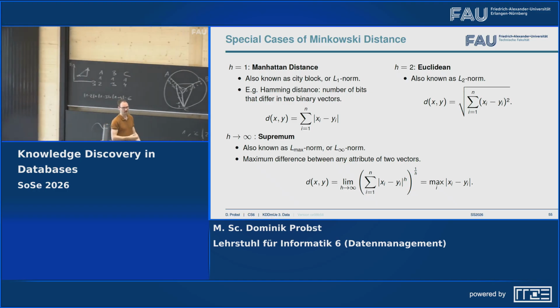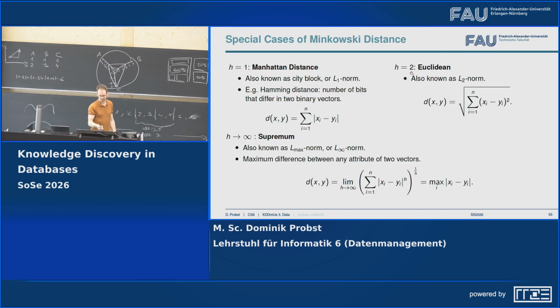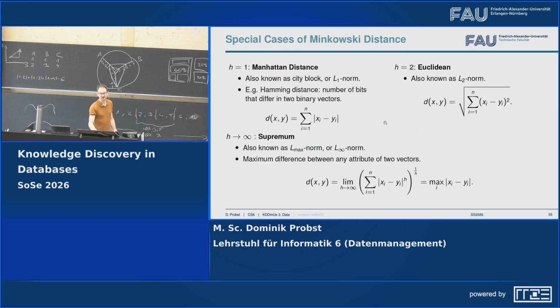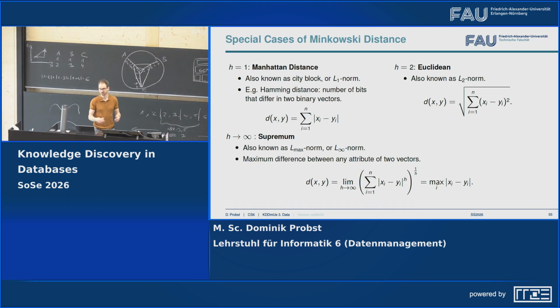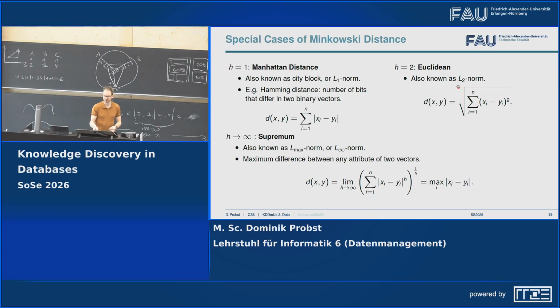If we now go to the Euclidean distance, which is simply the same thing, we are putting a certain h value, specifically h=2, into this formula, and use that. So for the first time, we have a square root and a square in here. So we are putting a square root out of here, and then we are also squaring the difference in here.